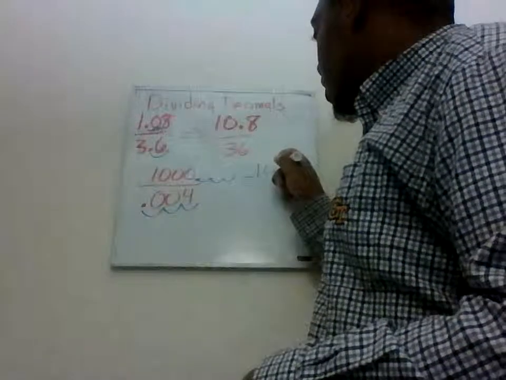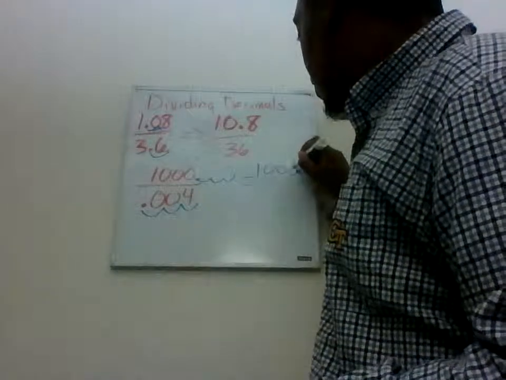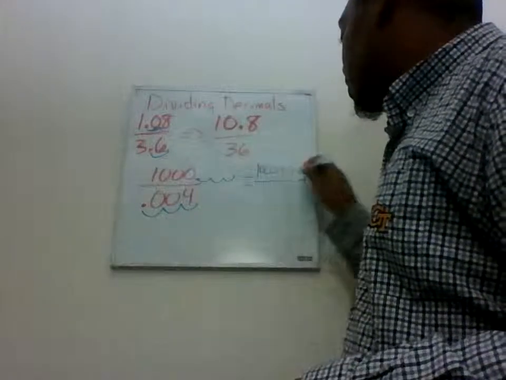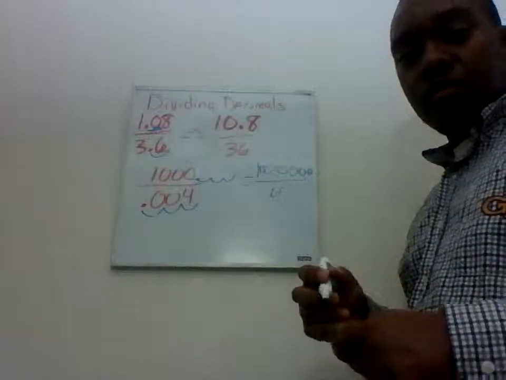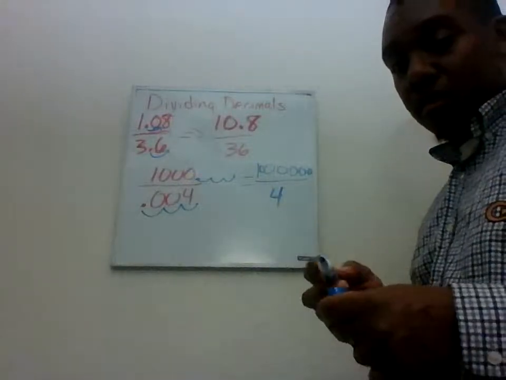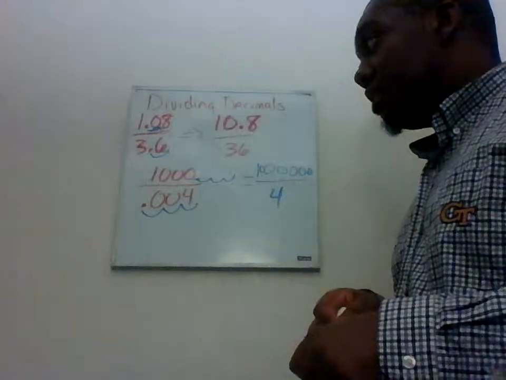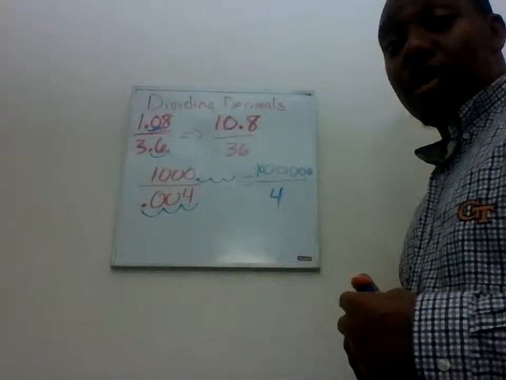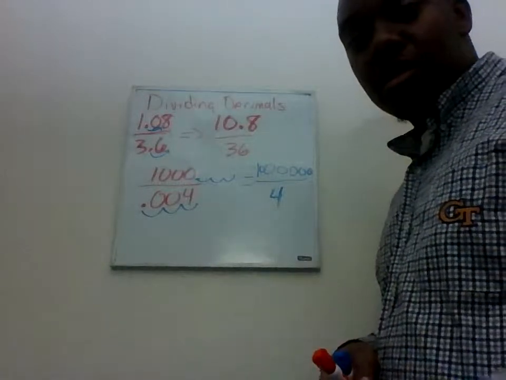We would get a ton of zeros, 6 zeros over 4, and you could work from there. So 1 million divided by 4 is equivalent to 1,000 divided by 0.004. All right, so that's dividing with decimals. See you soon.